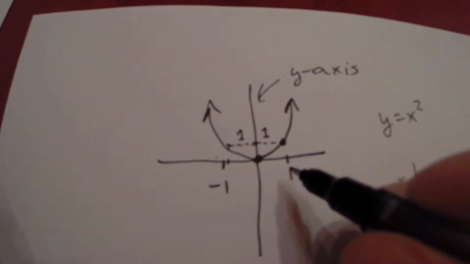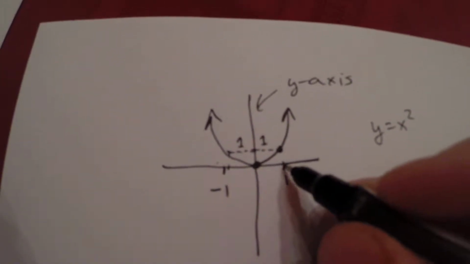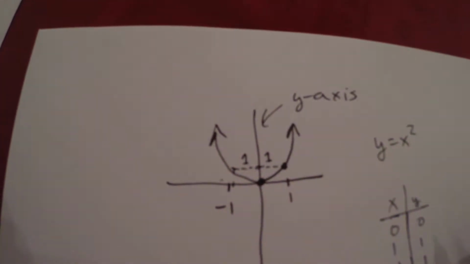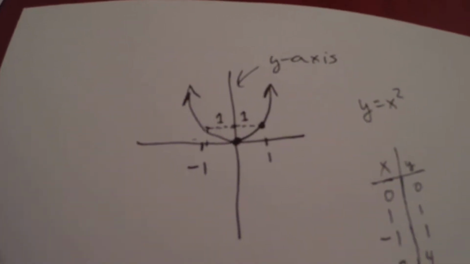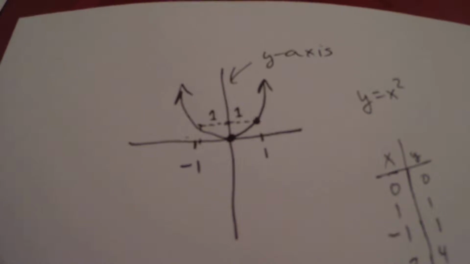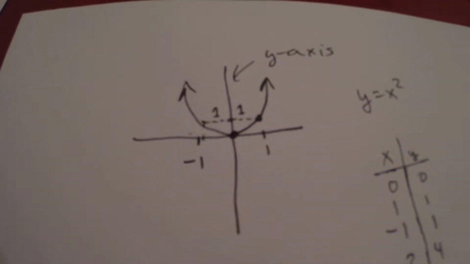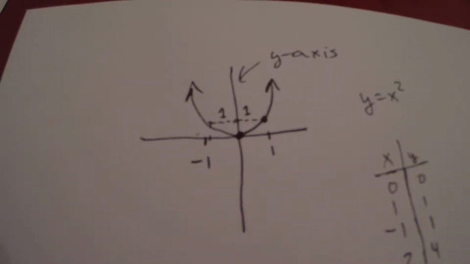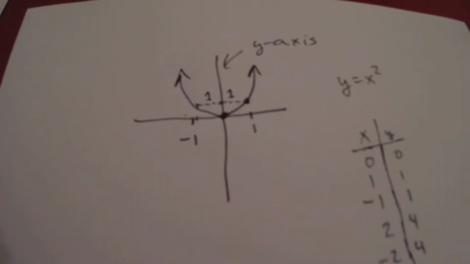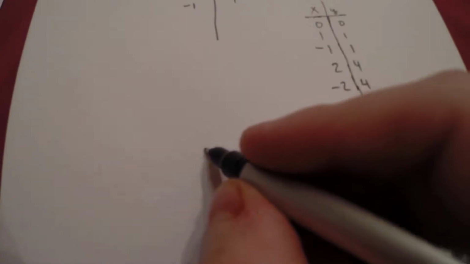In other words, if I go out 1, whether I go to the right or the left, it will always have a height of 1. And what we do in mathematics is we're really trying to find a way to say it doesn't matter what numbers you substitute in, this is the general behavior. This is what happens. And the way we do this is through letters.